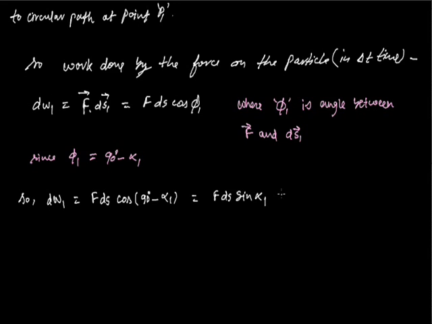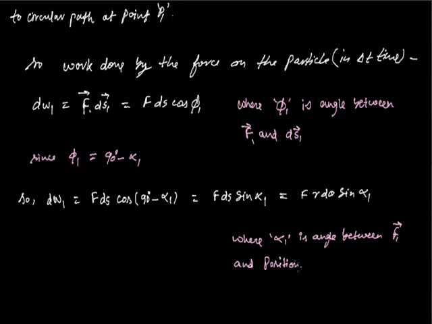By placing the value of ds in terms of d theta, the work done becomes F multiplied by r d theta sin alpha 1, where alpha 1 is the angle between F1 and the position vector of the particle at P1.